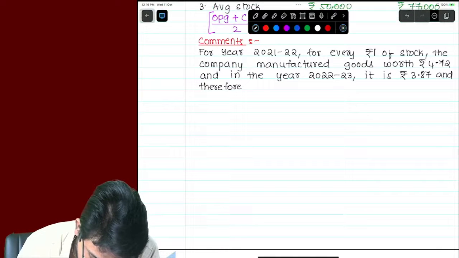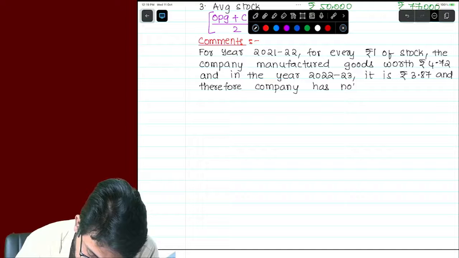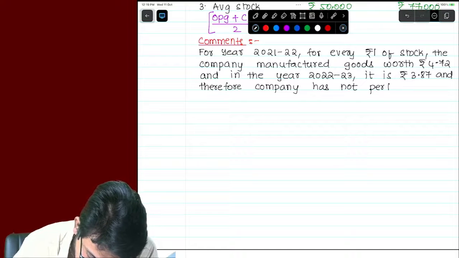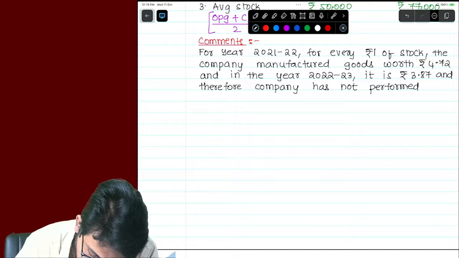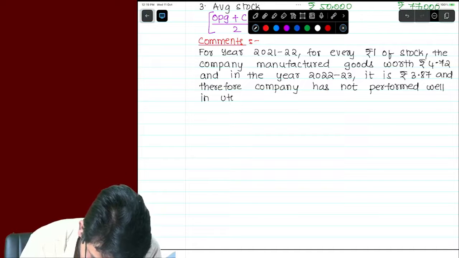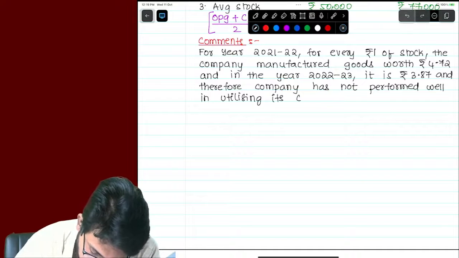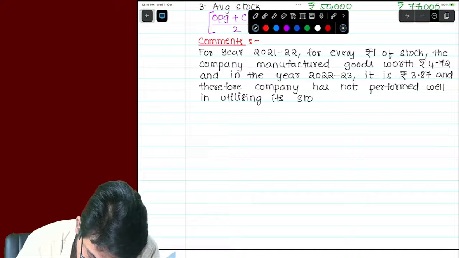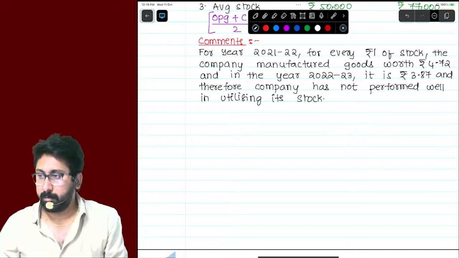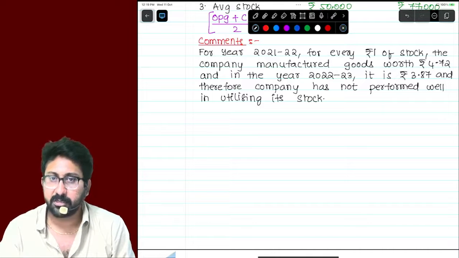And therefore, the company has not performed well in utilizing its stock.